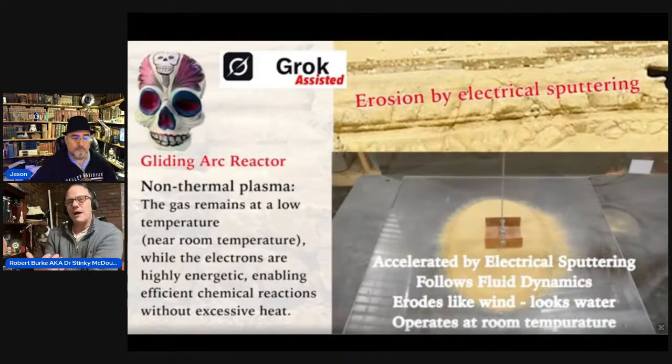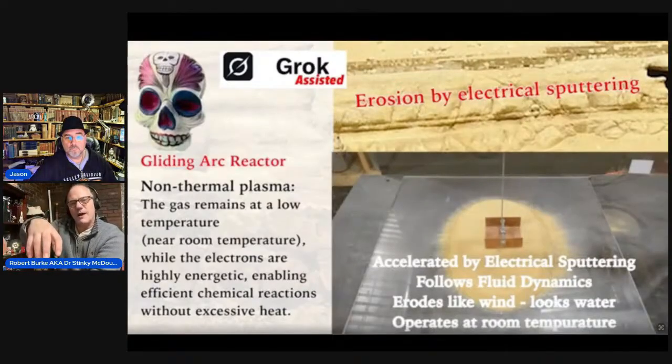Because I'm not discounting whether or not water existed inside of the box or not. My notation is that if you look at the experiments done by a gentleman by the name of Billy Yelverton, and you can look up Billy Yelverton's YouTube channel. In this image that I have here, Billy Yelverton shows how an electromagnetic current will create sputtering in the sand below.